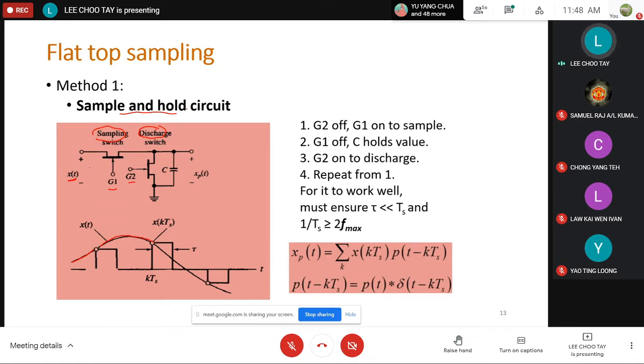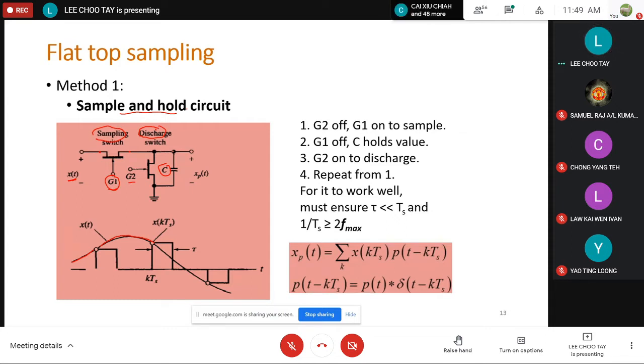At the instant of sampling, when we want to perform sampling, we need to turn on G1. When you turn on G1, whatever voltage you have over here will be transferred to your drain on this side, and this voltage will charge up our capacitor over here. The capacitor will charge up and then hold the voltage.